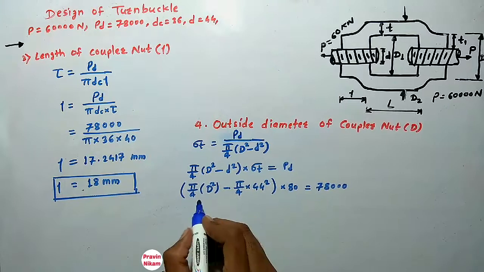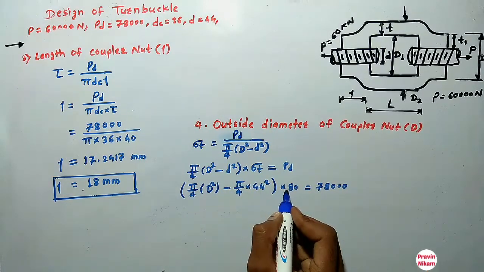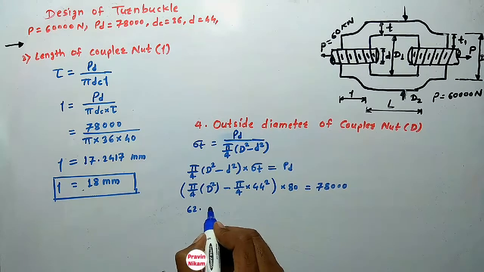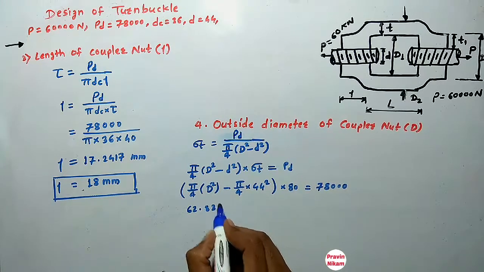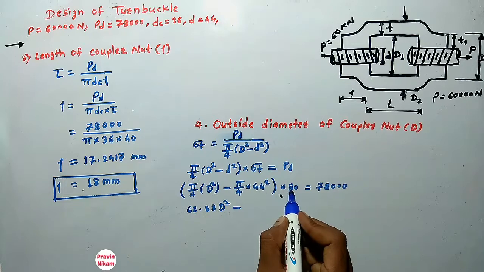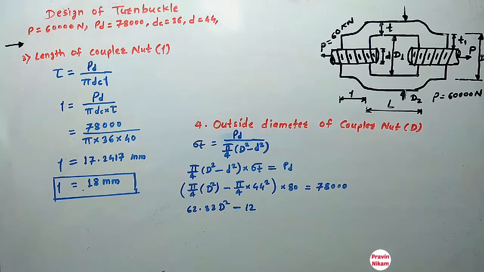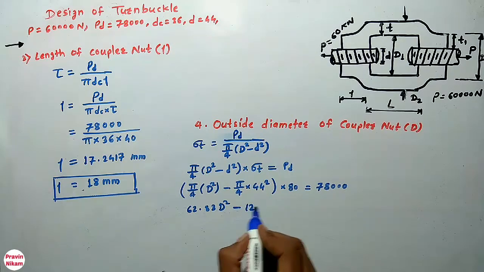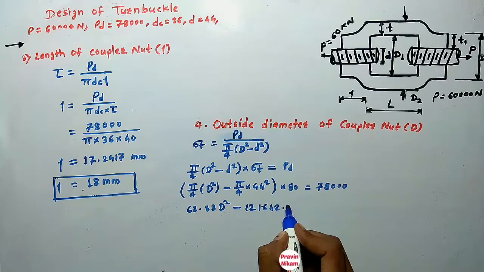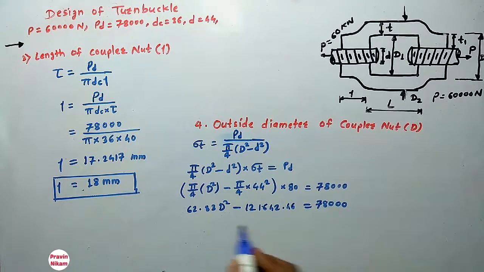Now this 80 also multiplies in this bracket. So pi by 4 into 80 is 62.83 into this D square, minus pi by 4 into 44 square into 80. This value is 121642.83, 0.46, is equal to 78,000.